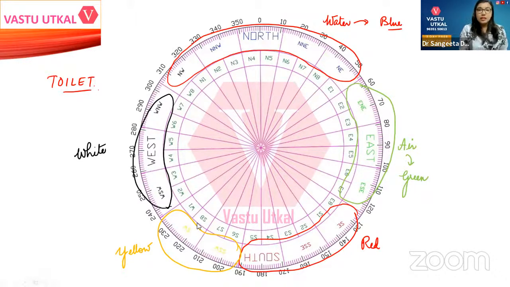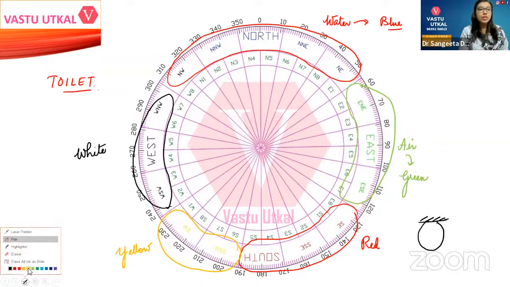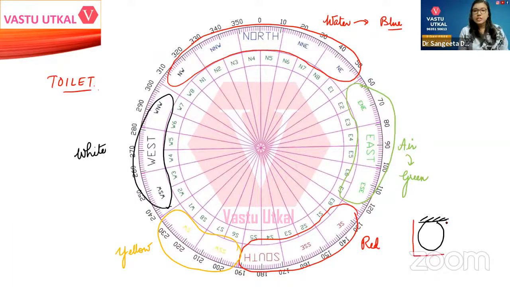All right. Now, I told you the colors that you're going to use in toilet, but in what way are you going to use those? Basically, you have to do a taping of the toilet on 3 sides. Say, for example, this is your WC. So you have to place a taping which is 4 inches wide on all 3 sides of the toilet.